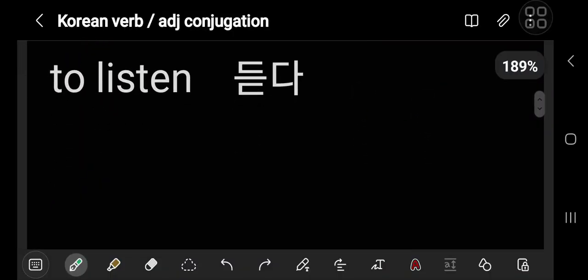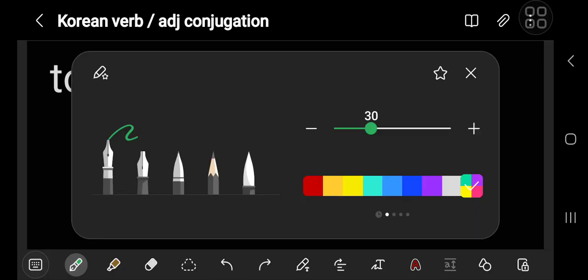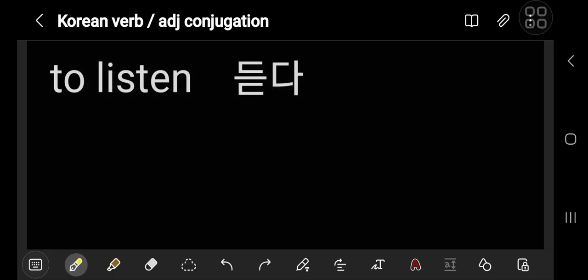Okay, let's do listen. Here we go. Let's say goodbye to our da from that base form. Can't use that base form when we're talking normally. And then here, right in the middle, sandwiched in there, is our vowel. Is it an O or is it an A? No, it isn't. So we add an O. Now this has a slight irregularity to it.